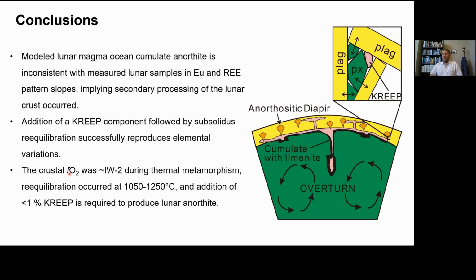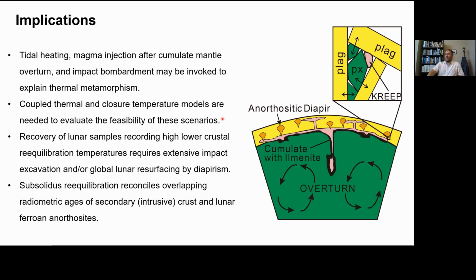All right, so these conditions led us to propose that there had to be some mechanism for thermally metamorphosing the crust, and at the same time, or prior to that, injecting this minor KREEP component. So there are several possible scenarios that could produce this.